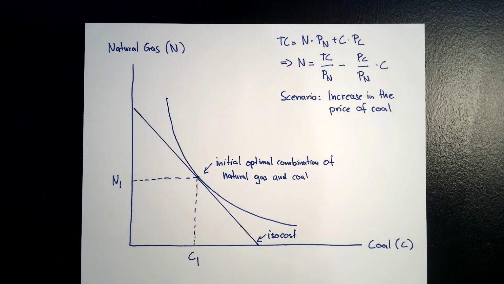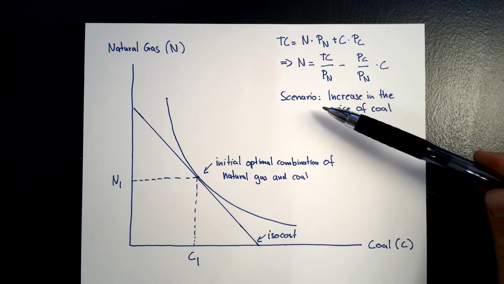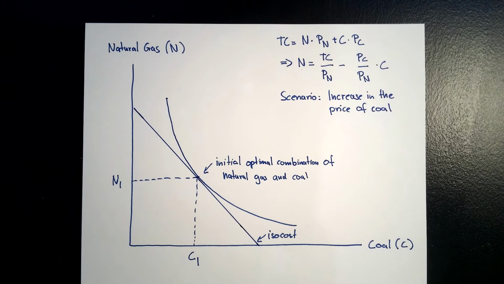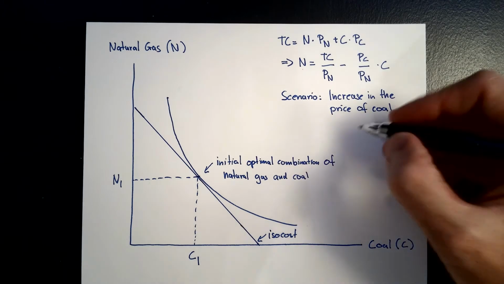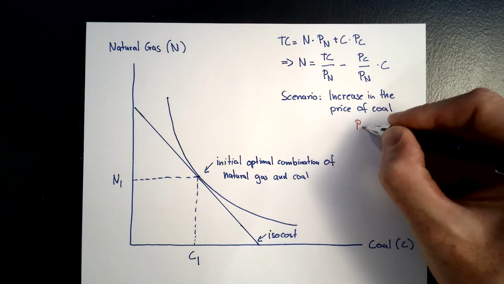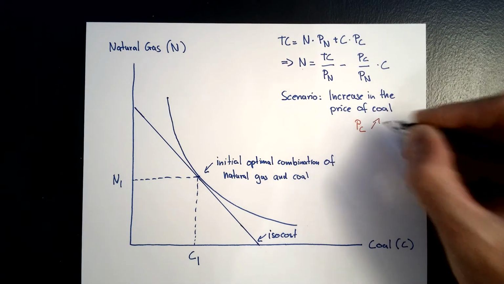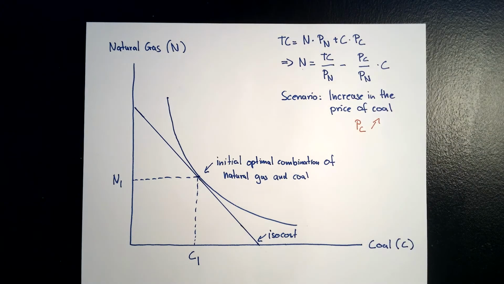So given the price of natural gas and the current price of coal, this is the optimal input mix to produce electricity. Now, note that we now have a scenario where we have an increase in the price of coal. When we have an increase in the price of coal, that means that Pc is going to go up.